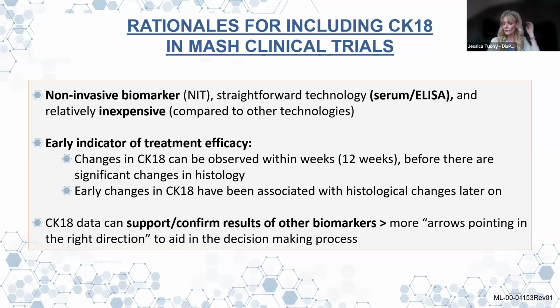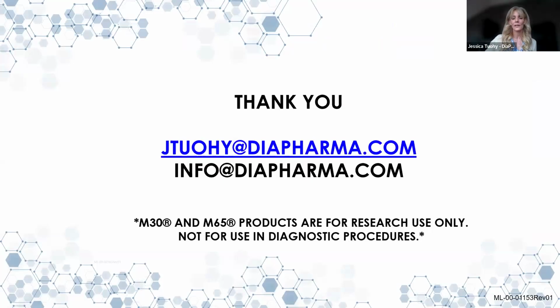And in the end, what you really want are biomarkers that will convince you or maybe your investors that your drug is working and that you should be proceeding to the next phase. So what you want are arrows that are all pointing in the right direction, and CK18 can be one of those arrows. All right, so with that, I want to thank you, and I am ready for some questions.